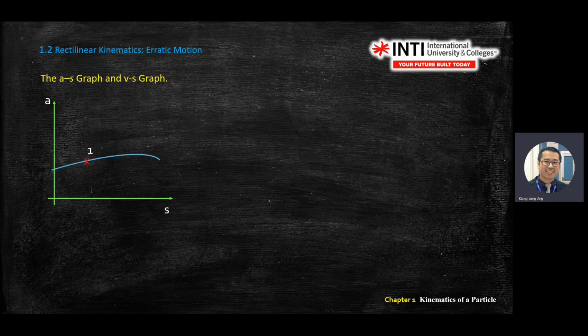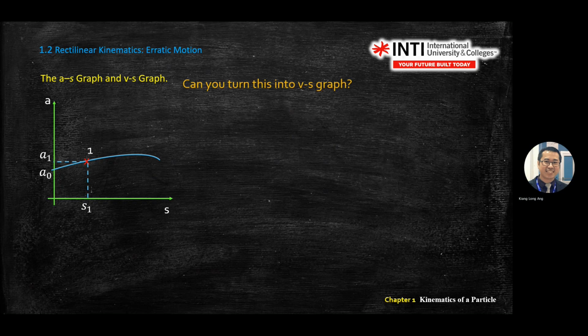So there's one more graph, we call AS and VS. So 3 types of graph, ST, VT, AT, plus two more graphs, AS and VS. So let's say you have an AS graph, S1 and A1 and A0.